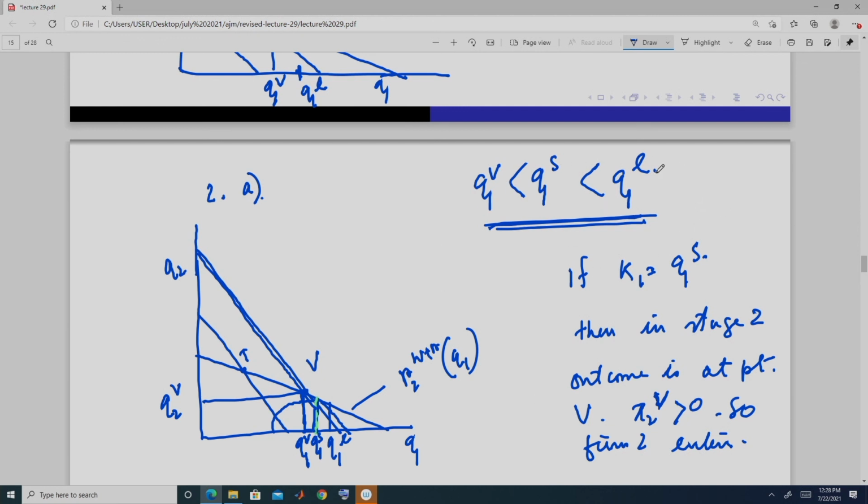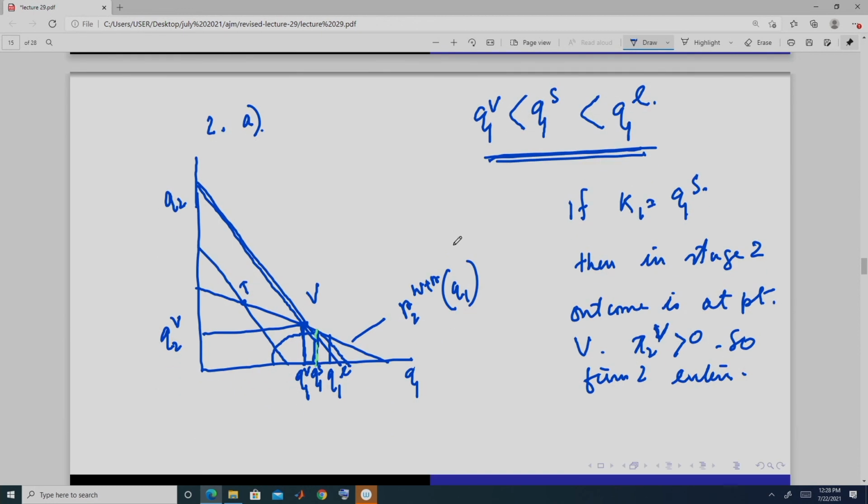So if this is the situation, then this here minus this is the sunk cost for farm 1.